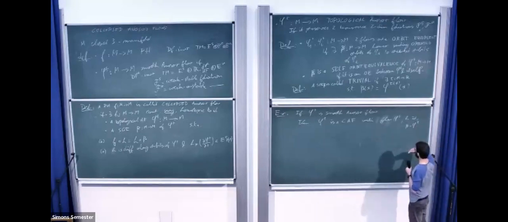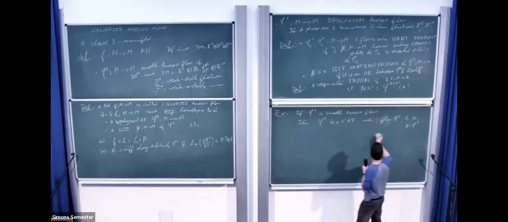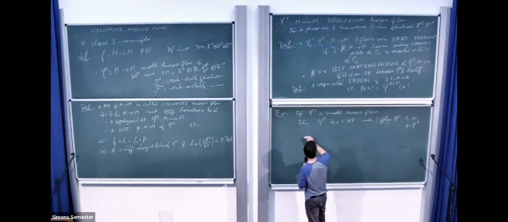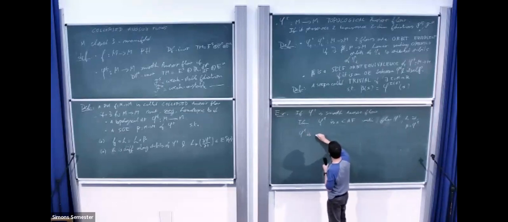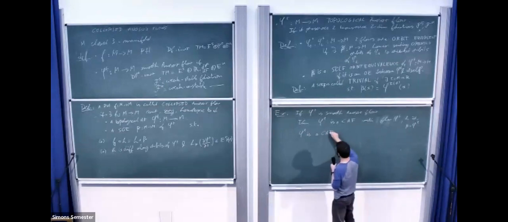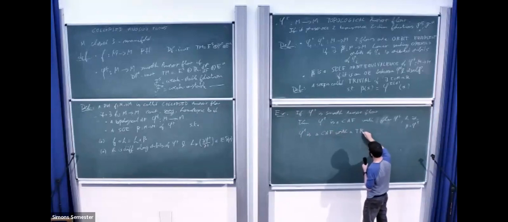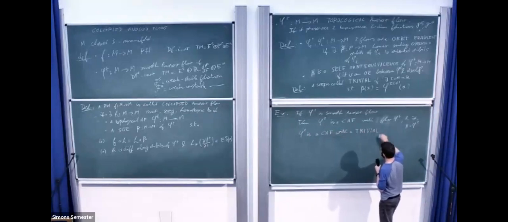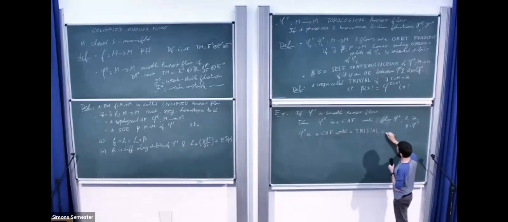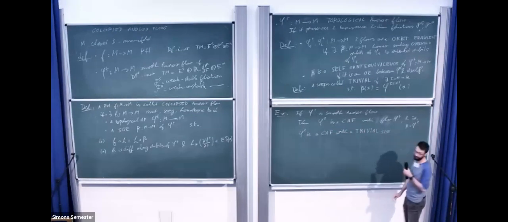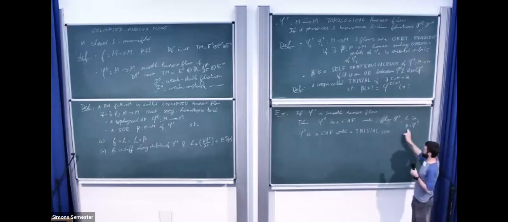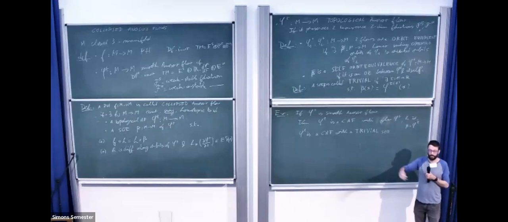Okay. So in particular, phi1 is a CAF with a trivial self-orbit equivalence. This is trivial because it doesn't change the orbits.